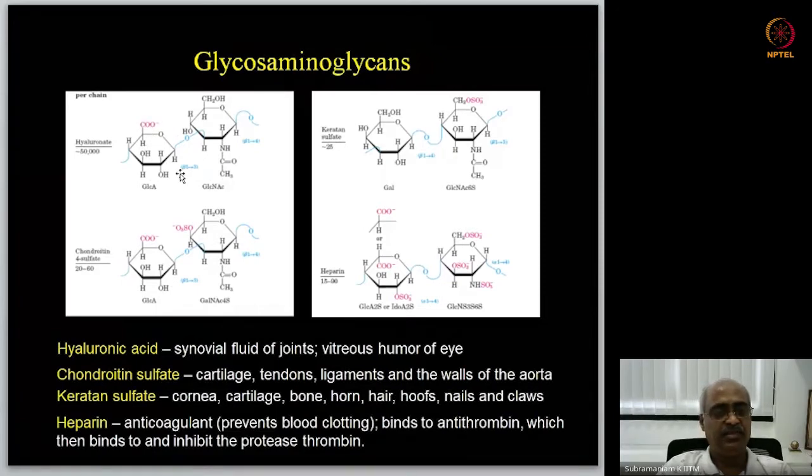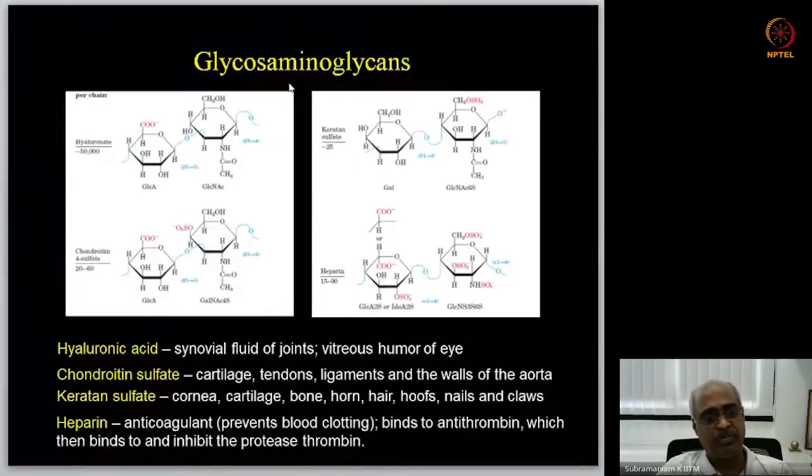And this one you have attached by glycosidic bond to N-acetyl-glucosamine. So this glucuronate and N-acetyl-glucosamine keep repeating, like 50,000 of them.